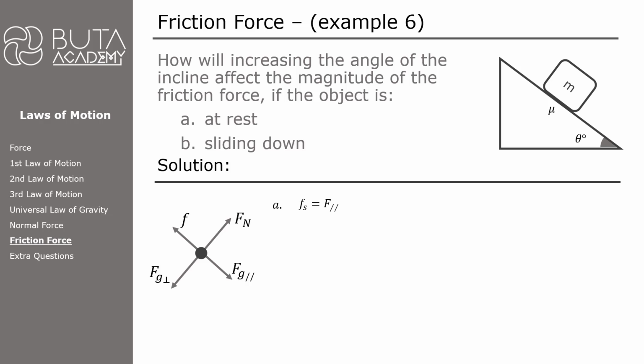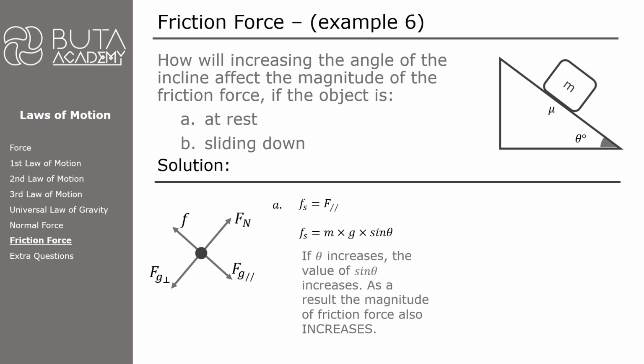We recall from the previous questions that Fg parallel on an inclined plane is equal to the mass times gravitational acceleration times sine theta. If the angle increases, the value of the sine function also increases. Thus, the value of static friction force is also increasing.